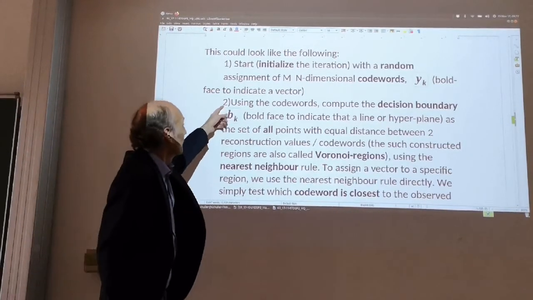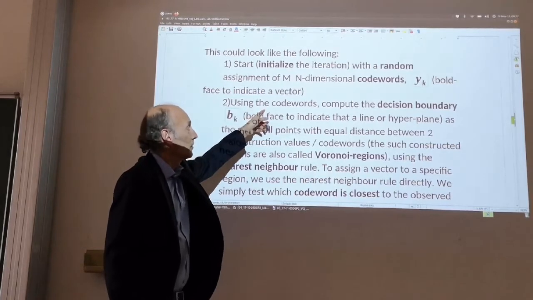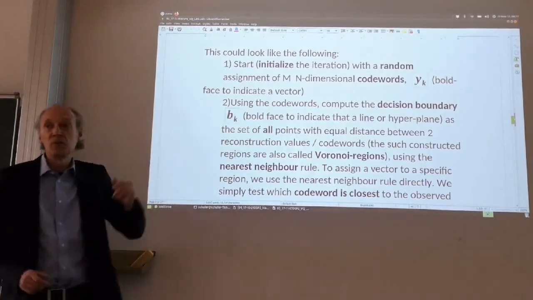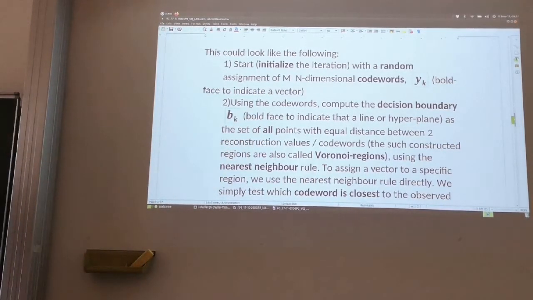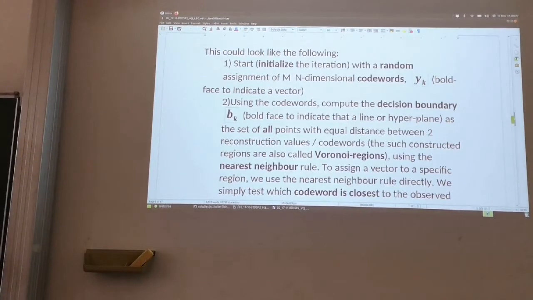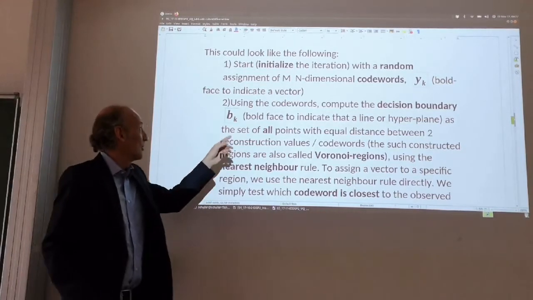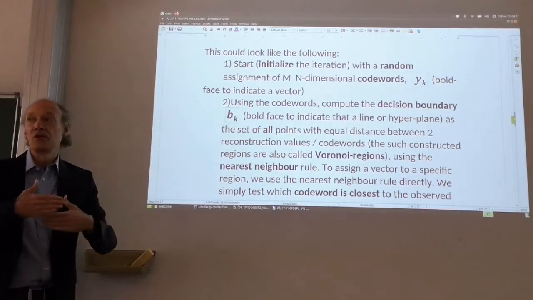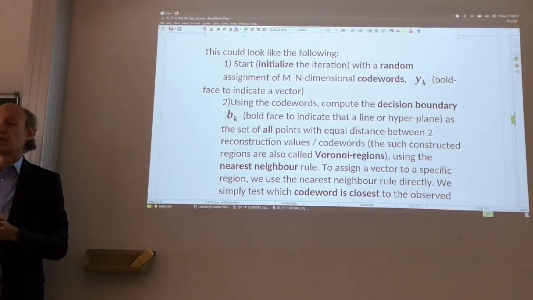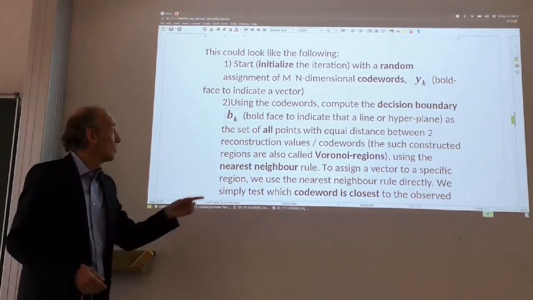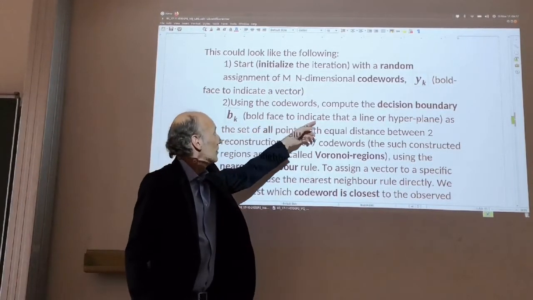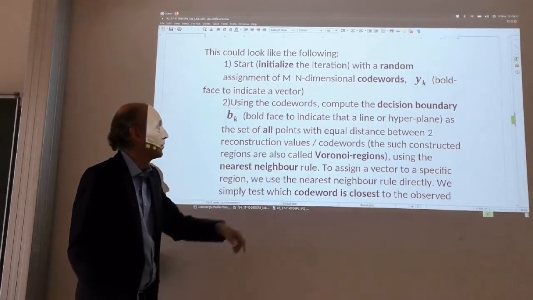Then in the second step, using these code words, you can compute the so-called decision boundaries b_k. These b_k are not just numbers anymore, but they are lines or hyperplanes that divide the regions of neighboring code words. The bold face here indicates that it's a line or hyperplane.